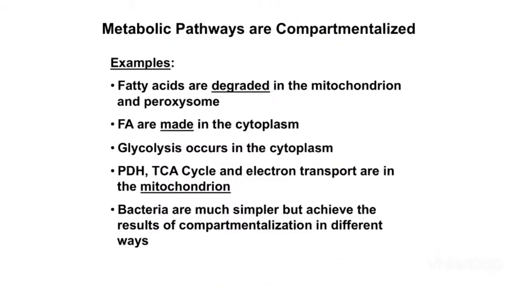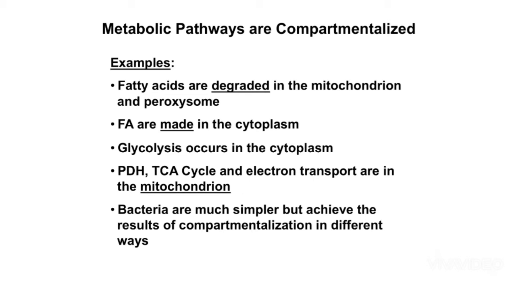The last introductory point I want to make is that all biochemical pathways tend to be compartmentalized, at least in mammalian cells, although it's increasingly becoming obvious that even in bacteria there is some form of compartmentalization. That is, clustering of enzymes for a particular pathway in a particular area of the cell.